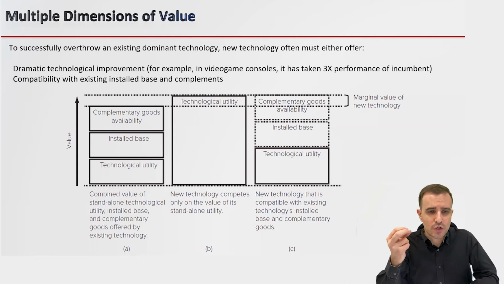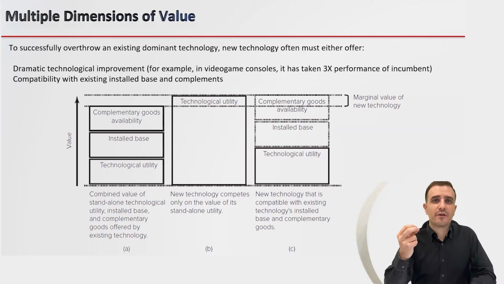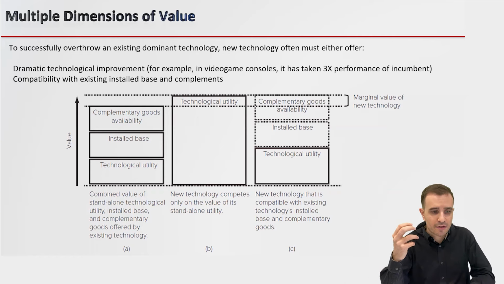So what can we learn from the case of complementary goods availability, installed base and technology utility, of iOS versus Android, Apple versus Google? We can learn a few key considerations.